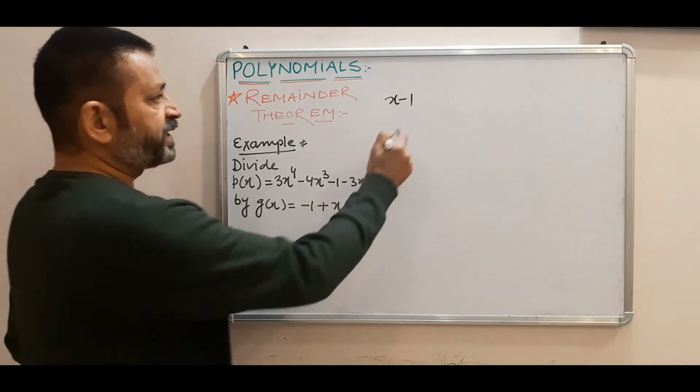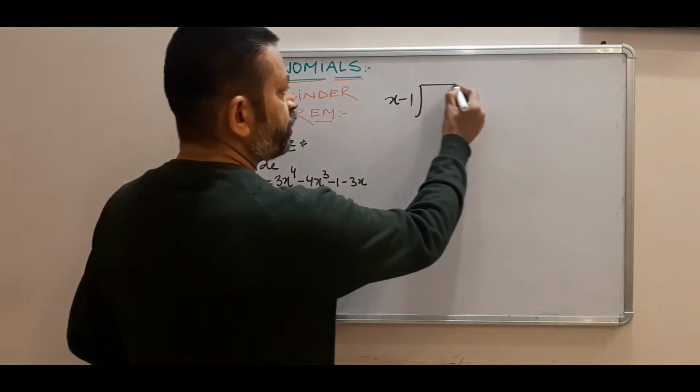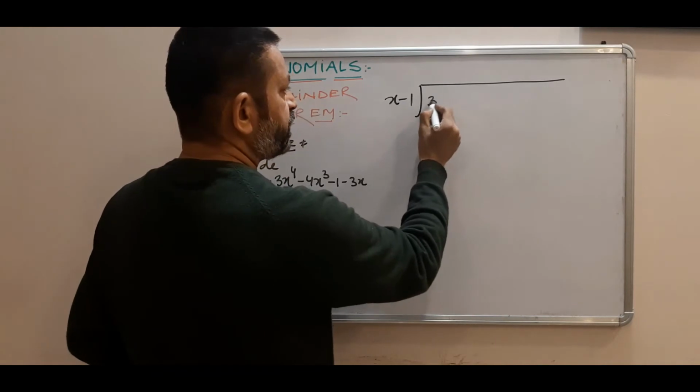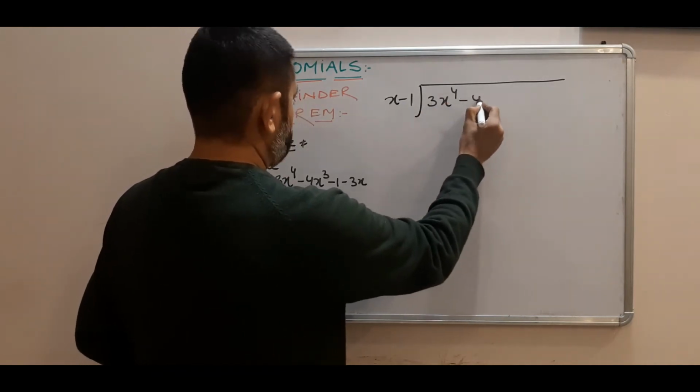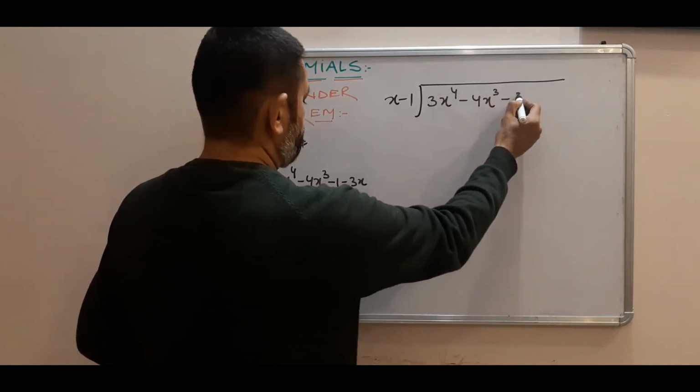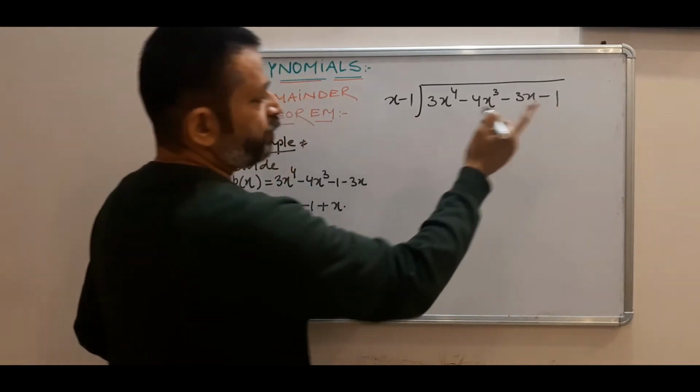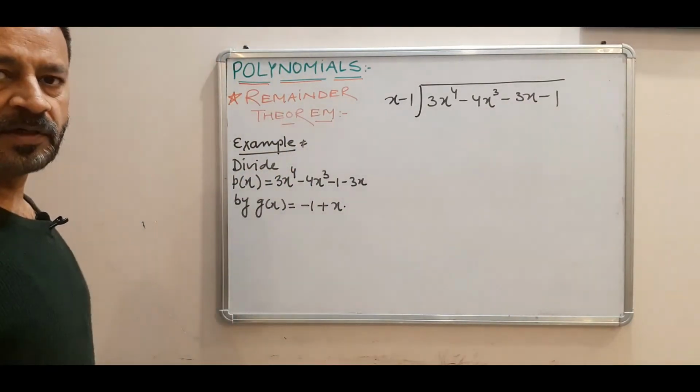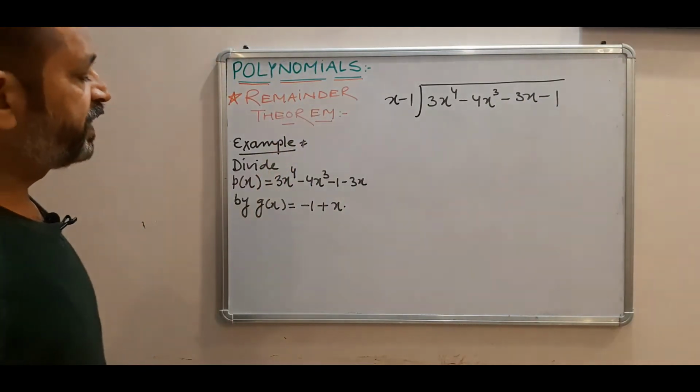So g(x) is x minus 1, and then we'll divide our dividend, that is 3x^4 minus 4x cube minus 3x minus 1.